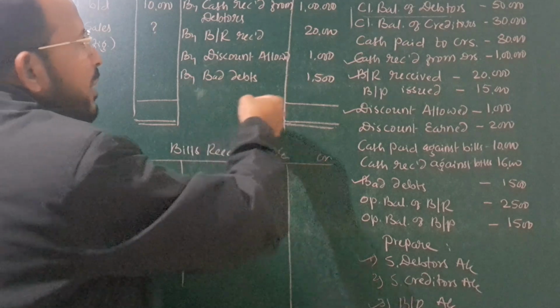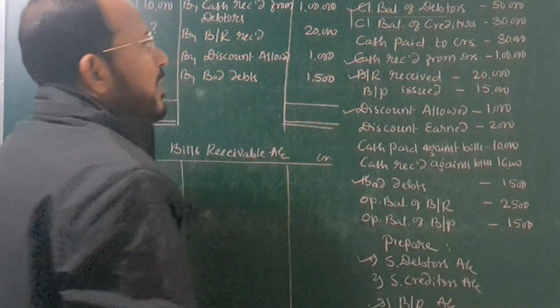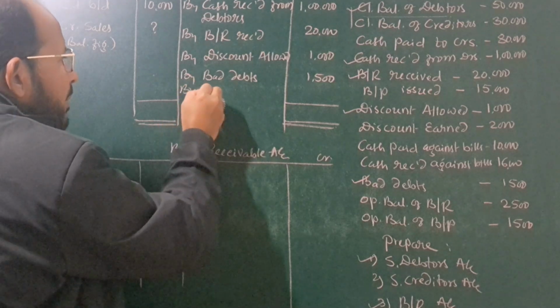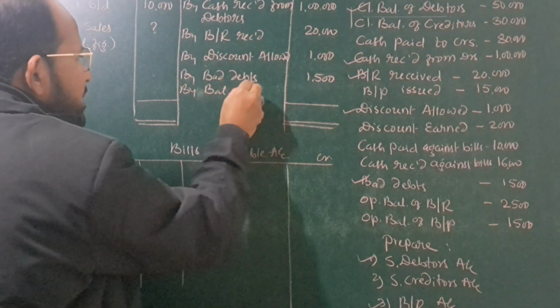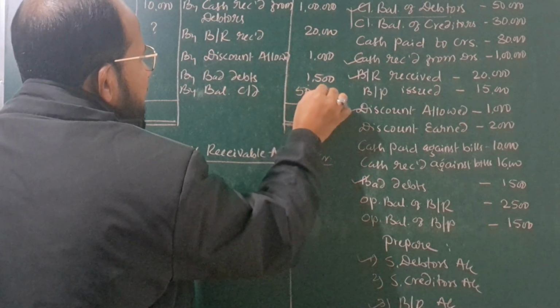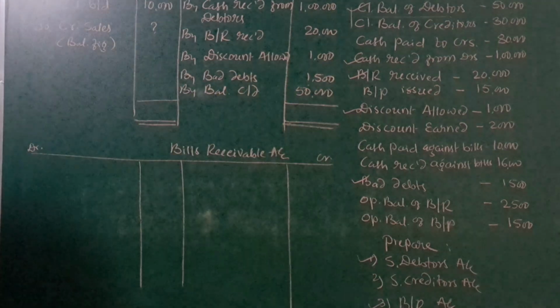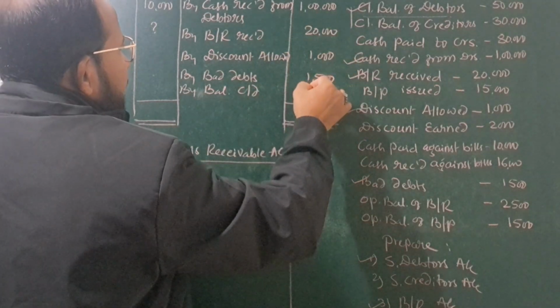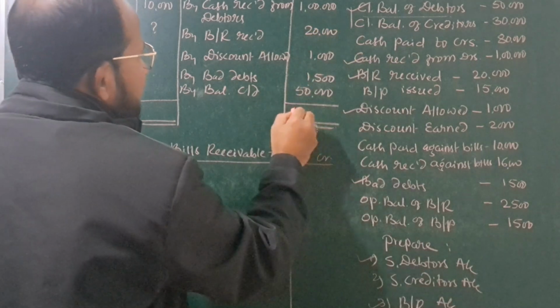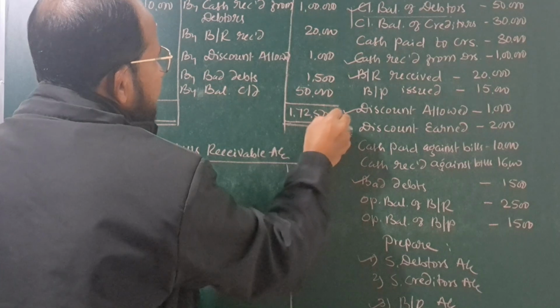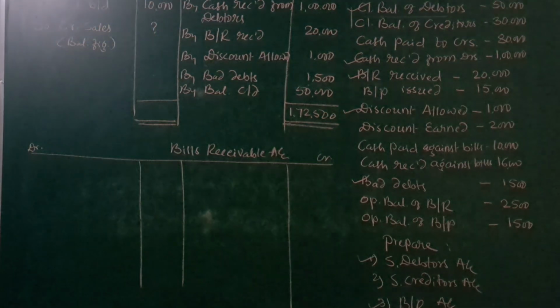But in this problem, closing balance of debtors is given, rupees 50,000, that we have to enter at the end by balance carried down. What is the amount? Rupees 50,000. See, these are the entries now. Okay, now we have to make the total of this: 1,50,000, 1,70,000, 1,72,500 is the total on the credit side.